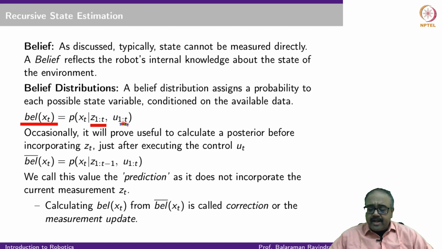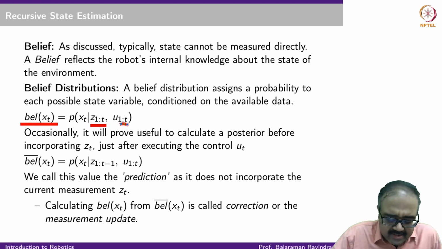So while we are trying to compute the belief, right, it might sometimes be useful for us to compute a quantity which we will denote as bel bar, which is a prediction of where it expects to be, right, after it does an action, okay.